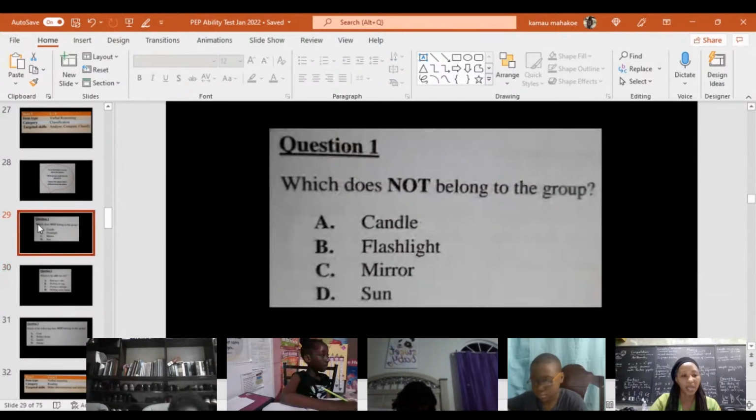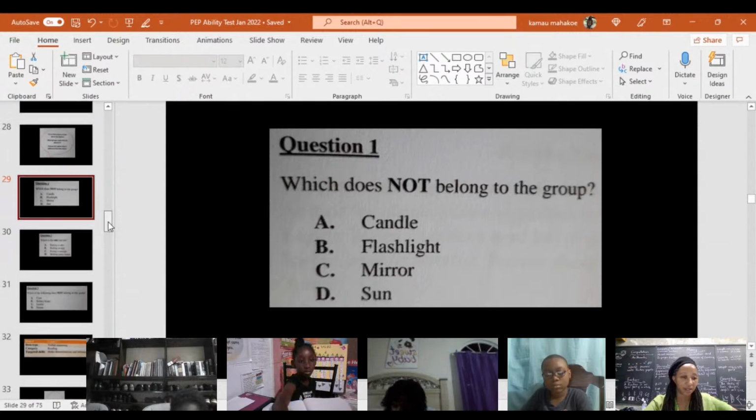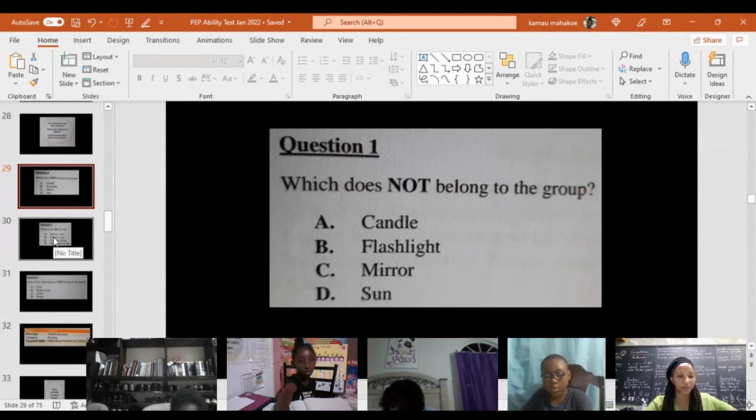And how about number 1? How are they similar? They all have to do with light, right? Yes, but not all are producers of light.